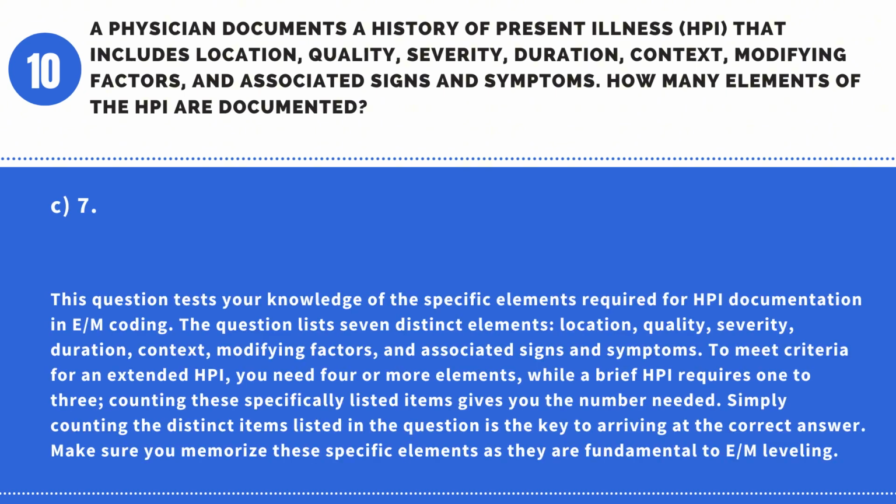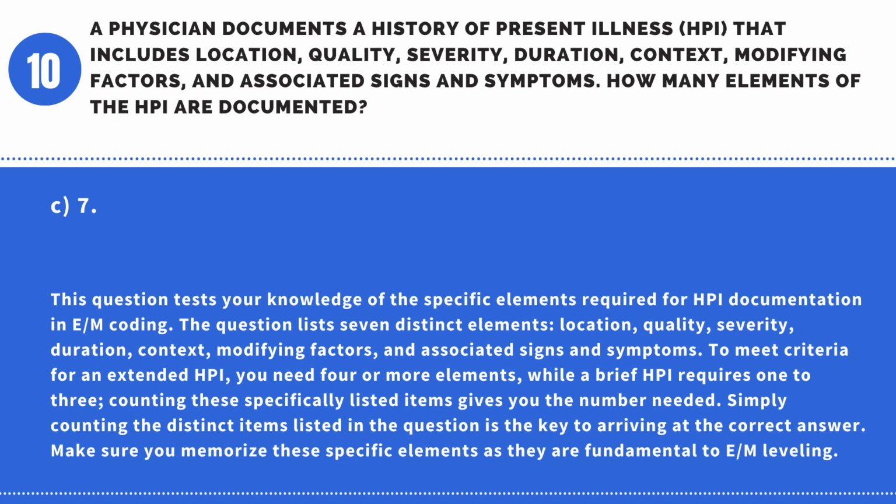Answer: C. 7. This question tests your knowledge of the specific elements required for HPI documentation in E/M coding. The question lists 7 distinct elements: location, quality, severity, duration, context, modifying factors, and associated signs and symptoms.